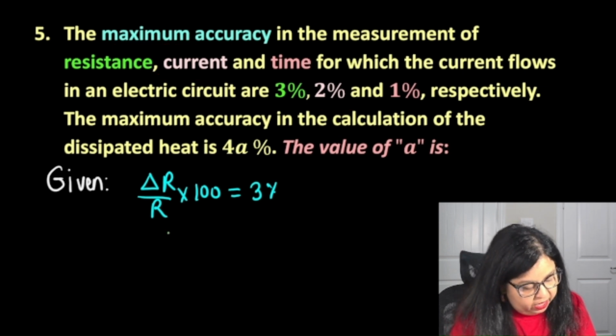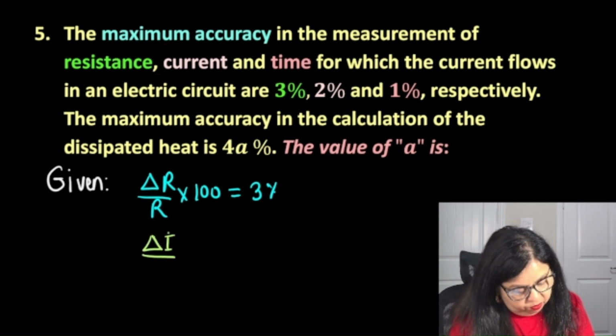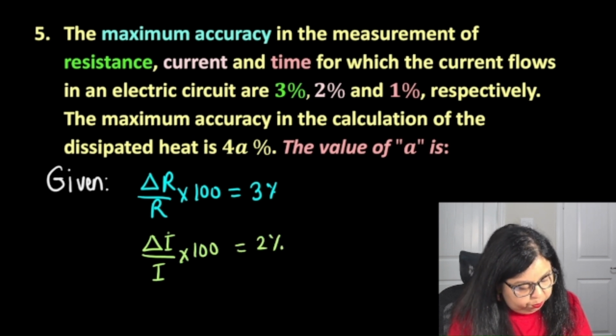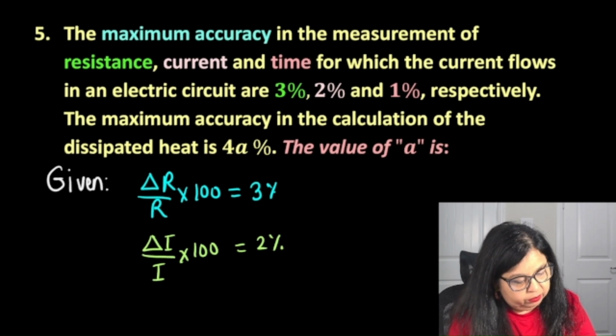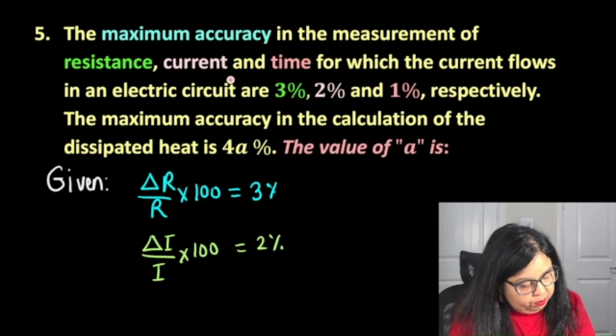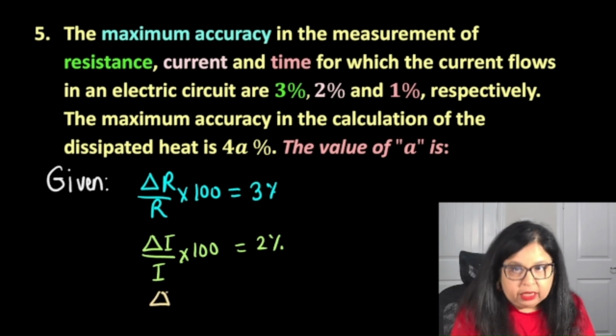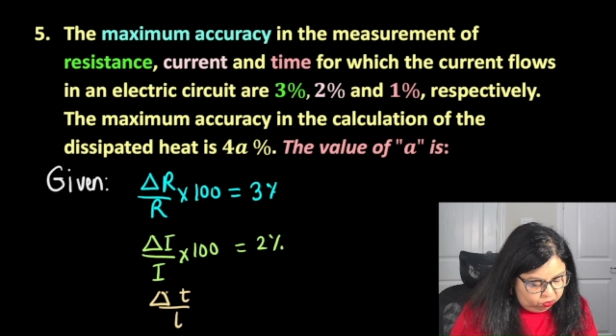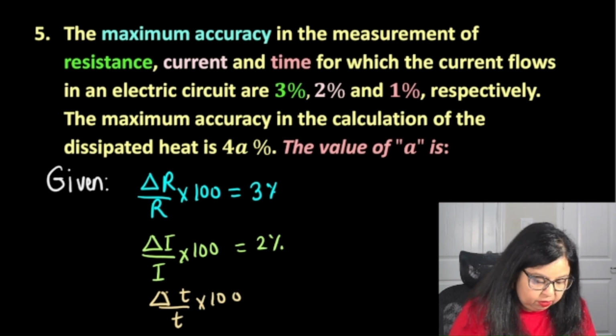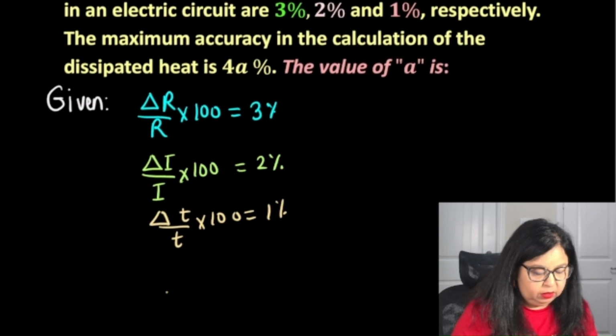Okay, so that would be delta I over I times 100 is 2%. Last, the maximum uncertainty or accuracy in time is 1%. Okay, delta lowercase t over t times 100 is 1%.